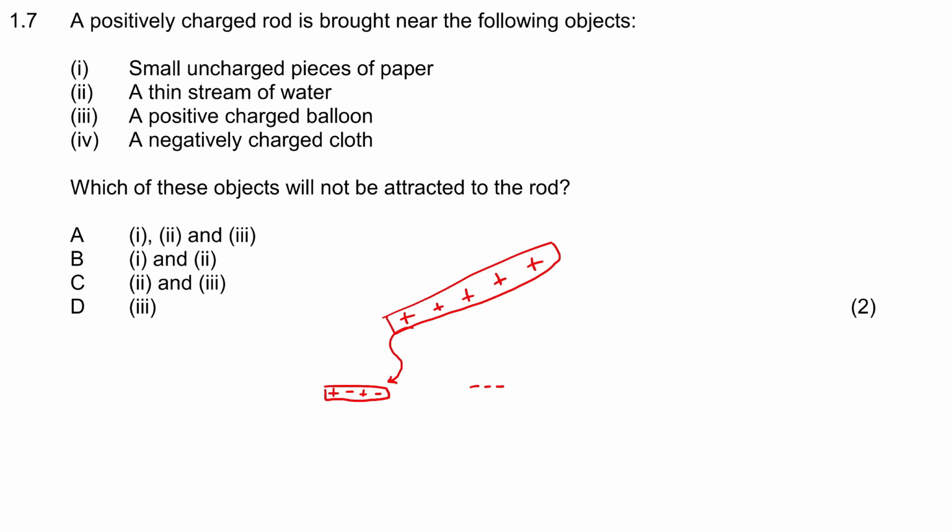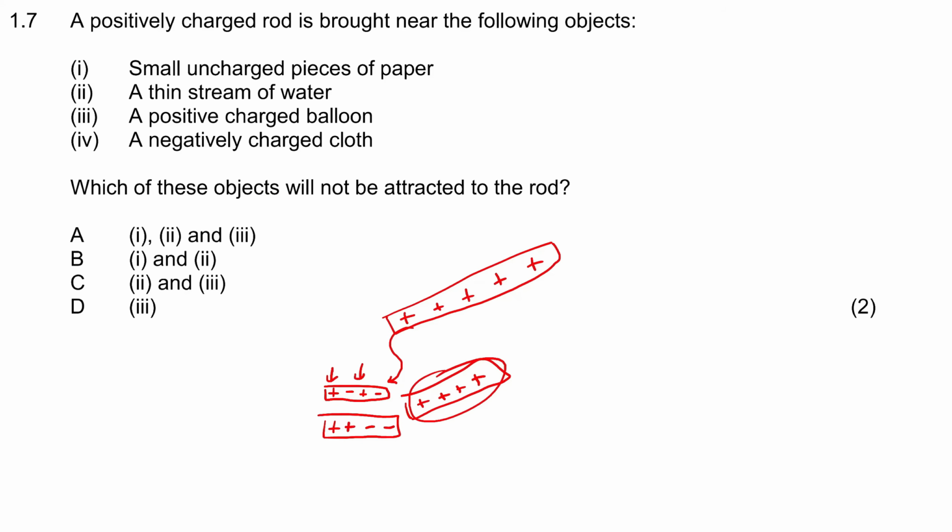So these positives would end up going on one side, and then the negatives, because they are attracted to the positive, would end up going onto this side. Then you would actually notice that there would be an attraction between the positively charged rod and the pieces of paper. So there would be an attraction over here. So they said, which of the following objects is not going to be attracted?